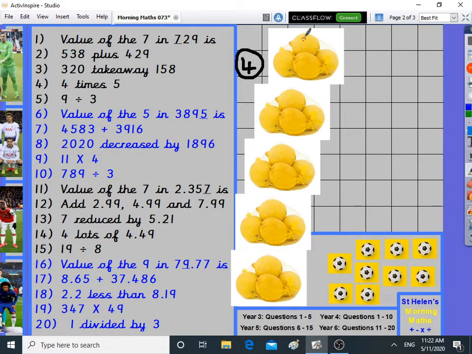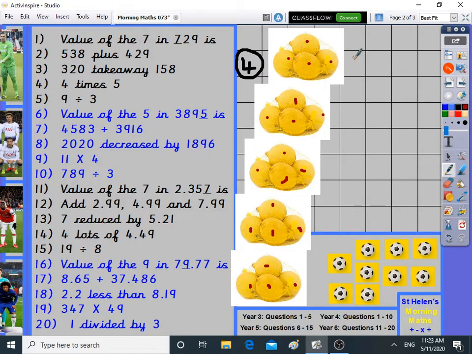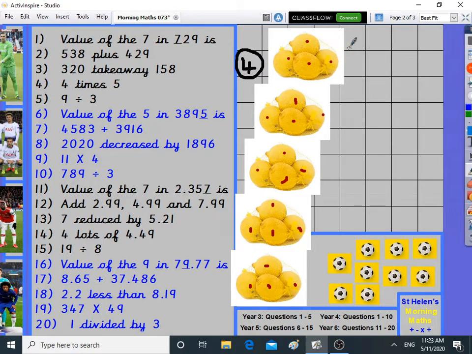What's the answer to that? Well, we could count all the lemons if we wanted. 1, 2, 3, up to 20. 4 times 5 is 20. Or you could sing your songs, because 4 times 5 is 4, 8, 12, 16, 20.